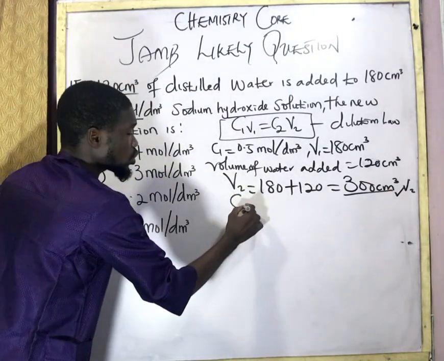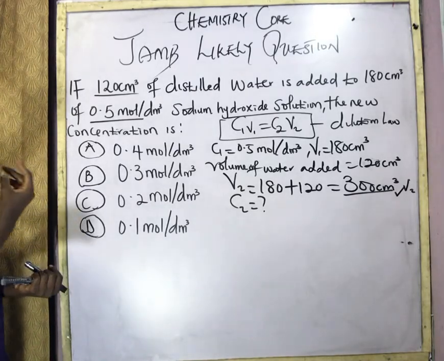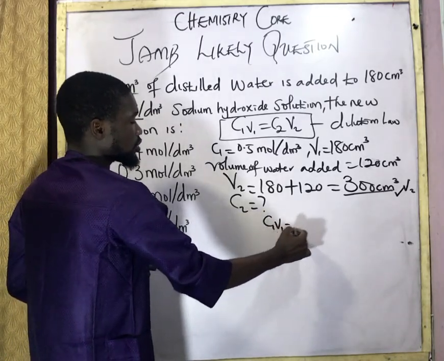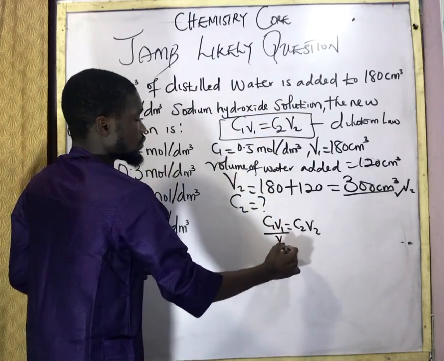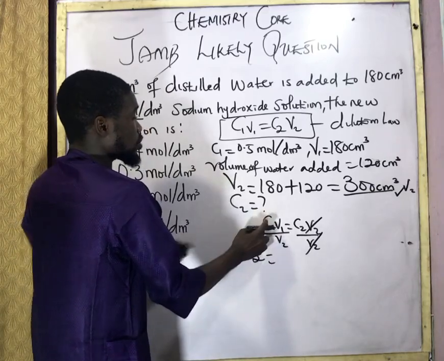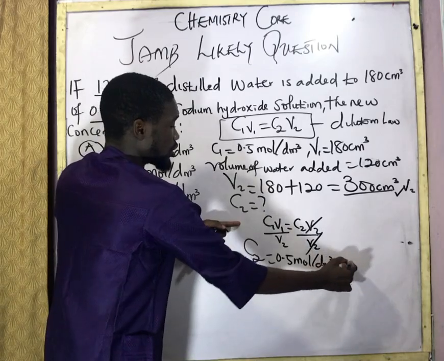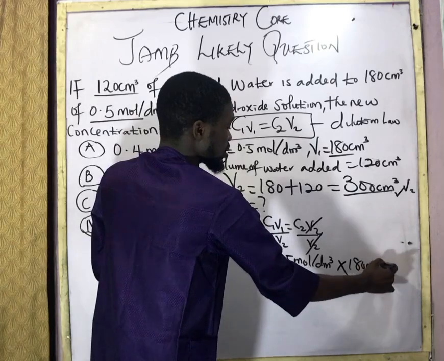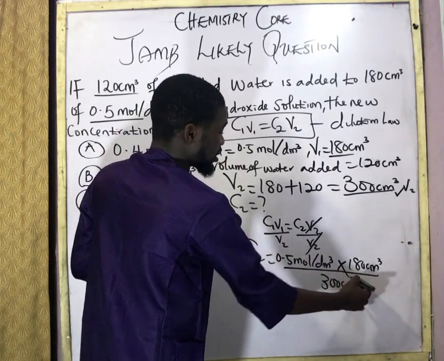Now, C2 is what we are solving for. So if we are to make C2 the subject of the formula, we have C1V1 = C2V2 according to the dilution law. So that will give us C2 = C1V1 over V2. Our C1 is 0.5 mol/dm³, multiplied by our V1, which is 180 cm³, over 300 cm³, which is our V2.